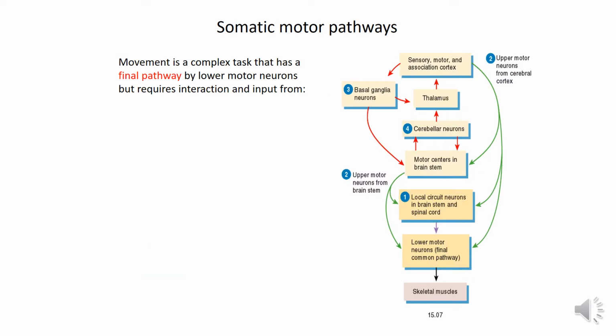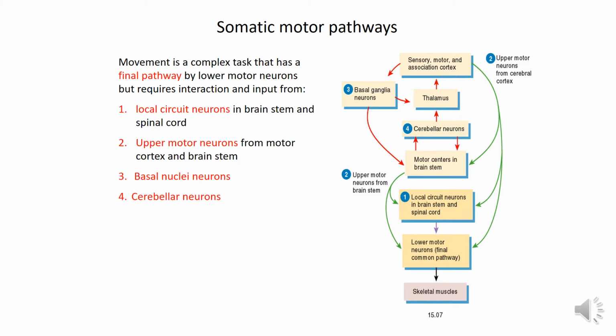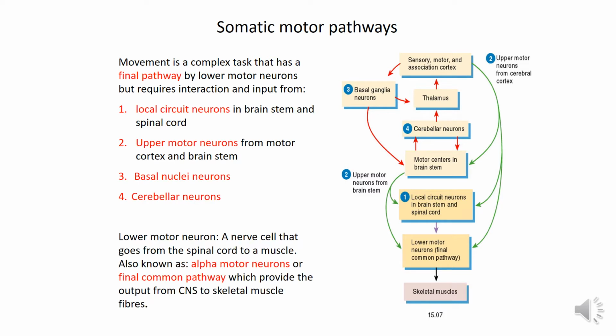Somatic motor pathways. For the production of voluntary movement, we have a group of circuits connecting the sensory, motor, and association areas of the cerebral cortex with the basal ganglia neurons and the cerebellar neurons, and with the local circuit of neurons in the brainstem and spinal cord.